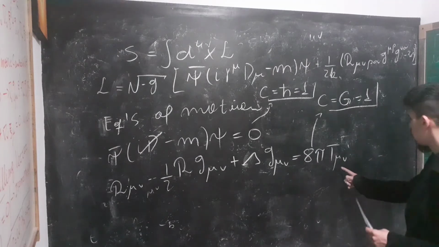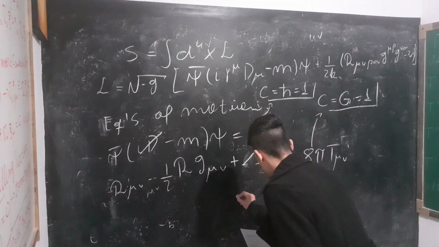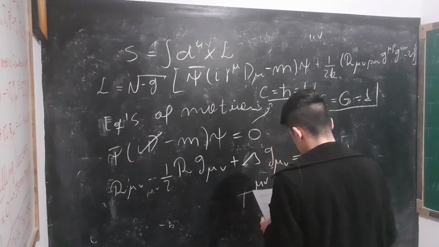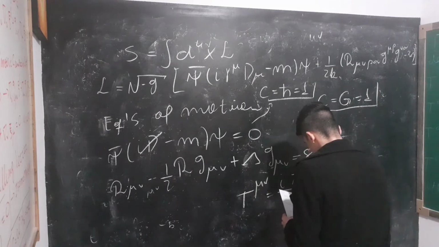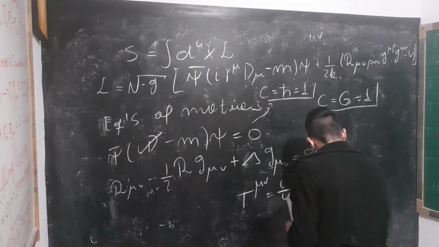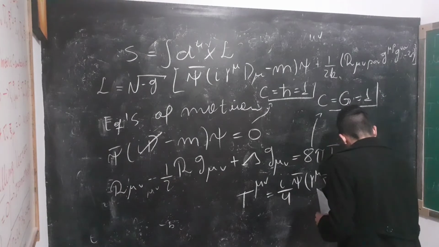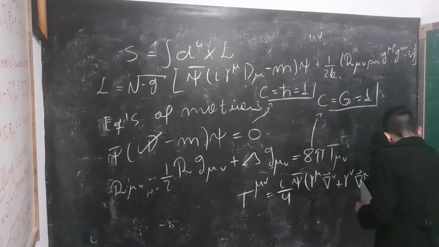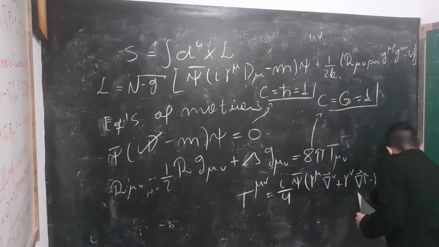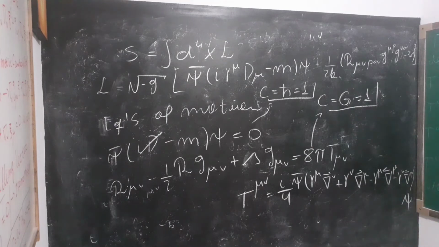And the source of energy and momentum here is given by T mu nu equal to i over 4 psi bar, which multiplies (gamma mu d nu plus gamma nu d mu minus gamma mu d nu minus gamma nu d mu), and here we have a psi, right?